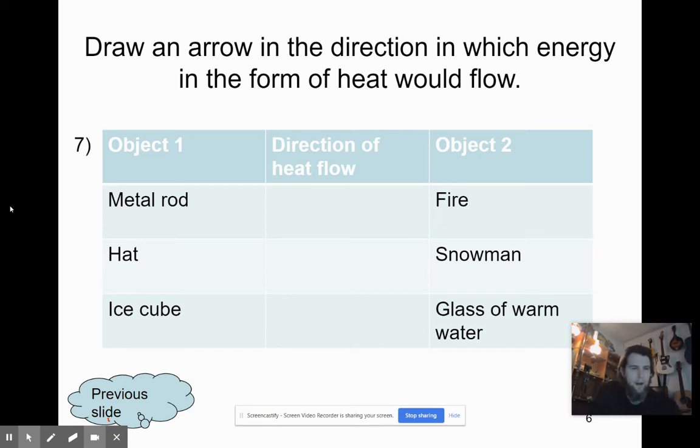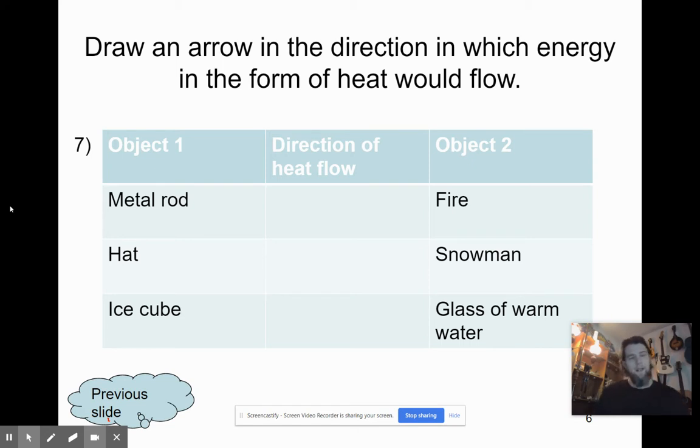Now this next one seems weird: a hat and a snowman. Well, one thing that a hat is going to do is hold in the heat from your head. Now, obviously, the snowman isn't alive unless there's been some weird, Frosty-style spell put on it, and that's a whole different nightmare we don't want to get into. But that hat is going to hold in any air molecules that would otherwise escape, and therefore it'll hold in heat.